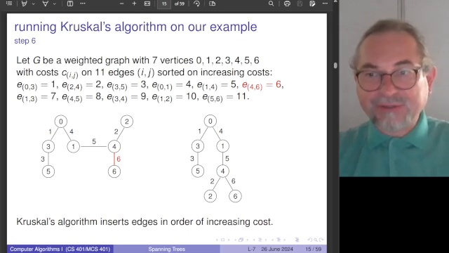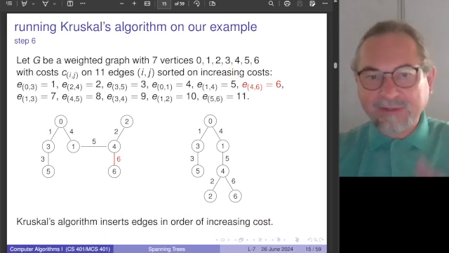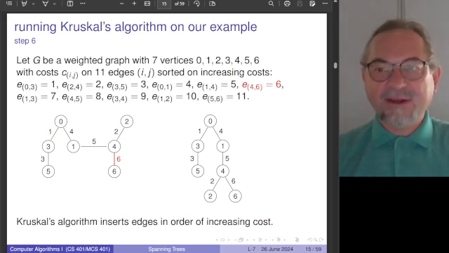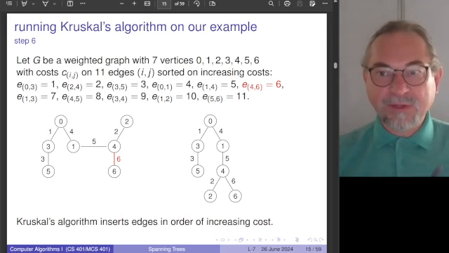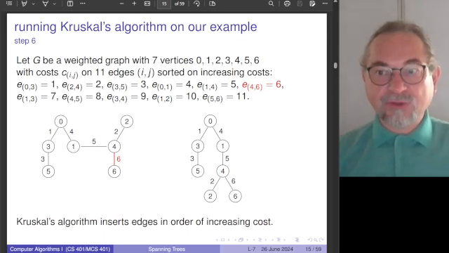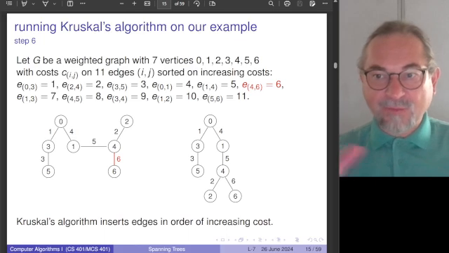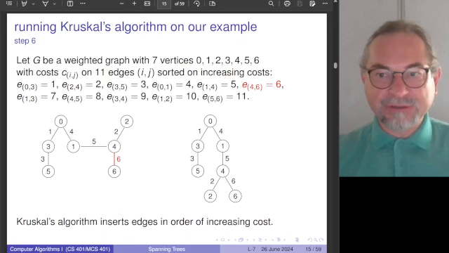So I should have mentioned that the termination was kind of obvious when I stated the algorithm. Here we can actually be more precise. We know that a tree, a connected graph with no cycles, is also any connected graph with n-1 edges on n vertices.